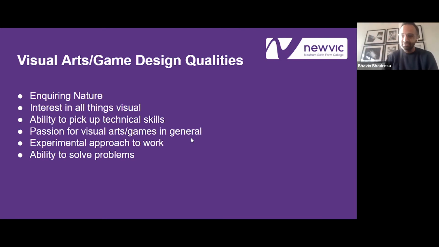Teachers make mistakes all the time. We just are good at hiding it, and then we realize what we've done and we make it better for the next lesson. So we want you to make mistakes. We want you to be experimental and exciting. And by doing that, the last point there is you learn to solve problems. And that is an essential skill for anything you do in your careers, whether it's creative or not.